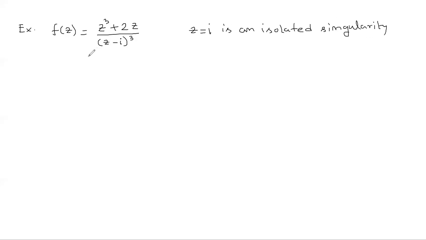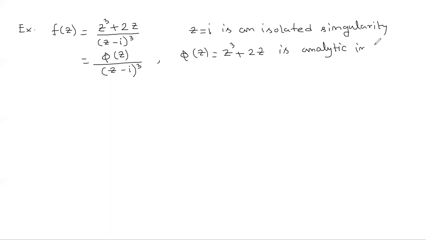Now here we can see this can be written as phi(z) by (z - i)^3, where phi(z) equal to z^3 + 2z, which is an analytic function in the neighborhood of i, and phi(i) is equal to i^3 + 2i, that is equal to -i + 2i, and this is equal to i, which is not equal to 0.